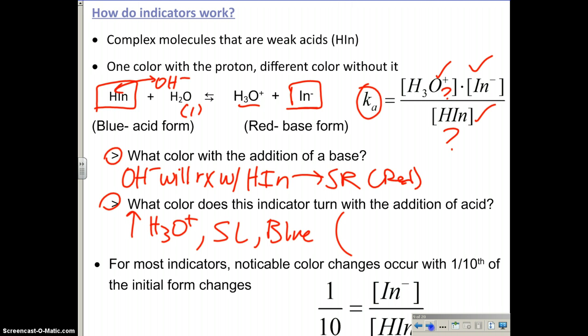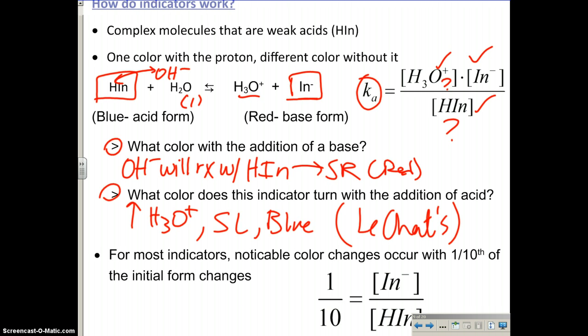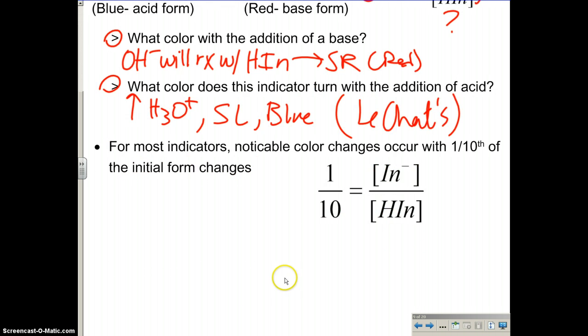So all this is acid-base reactions and Le Chatelier's principle in the form of an acid-base titration, with the formation of two different colored ions. And most of the time, we have to use enough indicator to show a color change, but sometimes the color change is impossible to see with the naked eye. So a noticeable color change is going to occur whenever 1/10 of the indicator has changed.